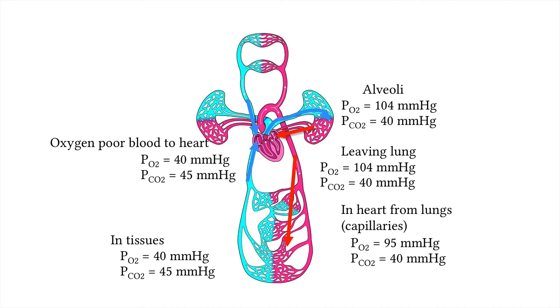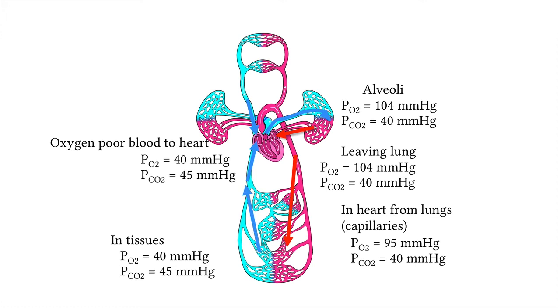Therefore, oxygen will diffuse from the area of higher partial pressure in the capillaries to the area of lower partial pressure in the cells. And the carbon dioxide will diffuse in the opposite direction because its pressure is higher in the cells. Now the blood has a higher partial pressure of carbon dioxide, about 45 millimeters of mercury, and a lower partial pressure of oxygen in the blood, about 40 millimeters of mercury. And this brings us back to the beginning of the diagram.